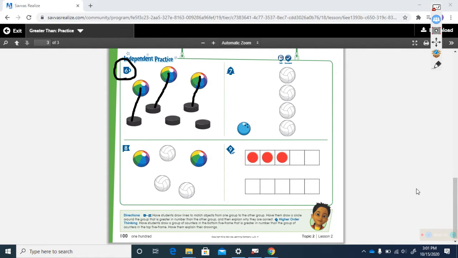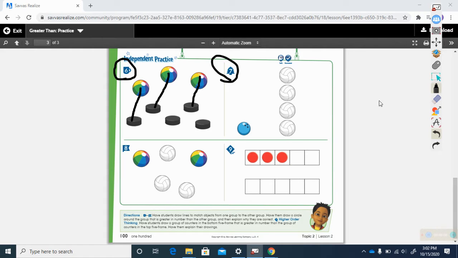I did part of number 6 for you, but for number 7, I'm going to have you do it by yourself. I'm going to tell you what to do, and then you need to do it by yourself, okay? We have bowling balls and we have volleyballs. You need to draw a line from the bowling ball to match it up with the volleyball.